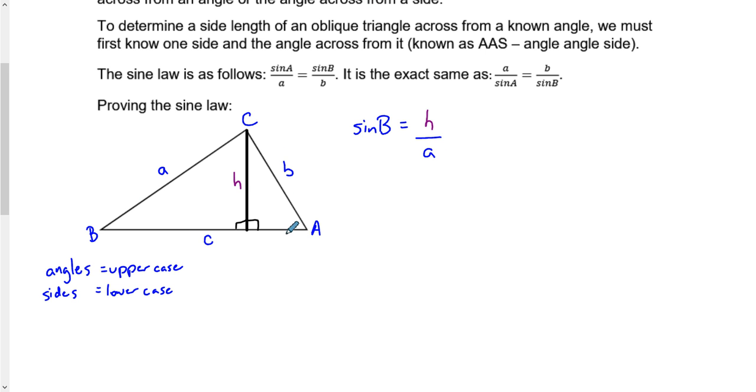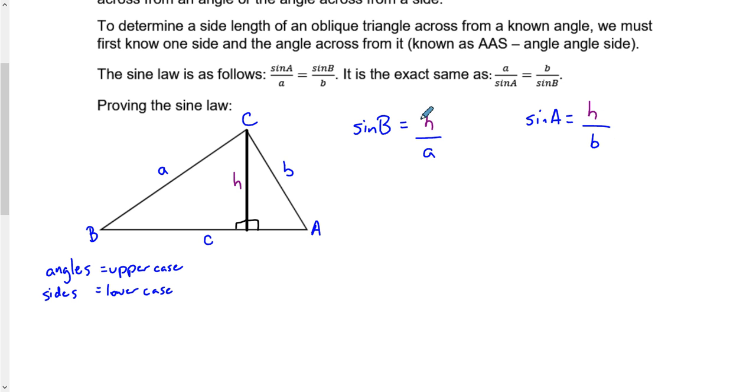At the same time, in this triangle over here, we can say that the sine of A, so this angle, would still be our height divided by the hypotenuse of this literally right triangle.